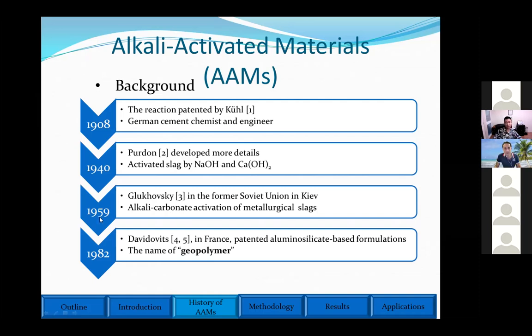Nineteen years later, in 1959, Glukhovsky in the former Soviet Union, in Kiev, used alkali carbonate activation of metallurgical slag. Then you may hear the name Davidovits, who in 1982 patented the alumina silicate based formulation and called it geopolymers.